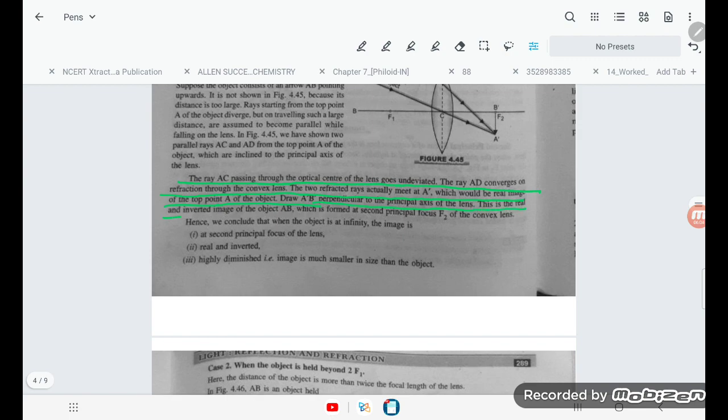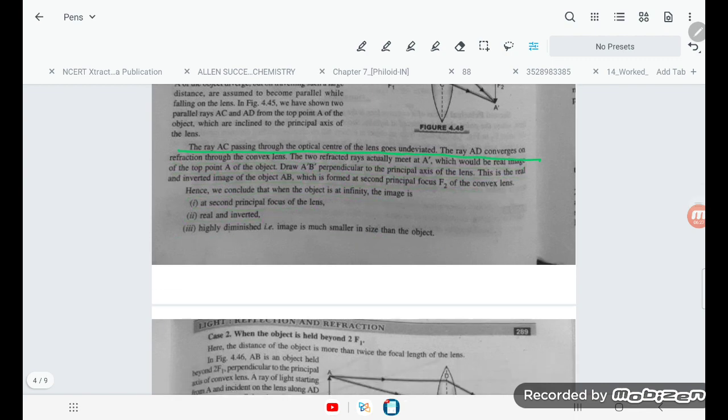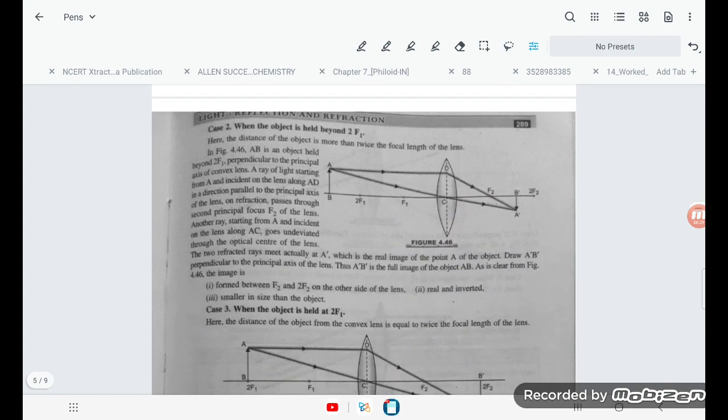This is the real and inverted image of the object AB, which is formed at the second principal focus of the lens. Hence, we conclude that when object is at infinity, the image is at the second principal focus of the lens, real, inverted, highly diminished, much smaller than the object.